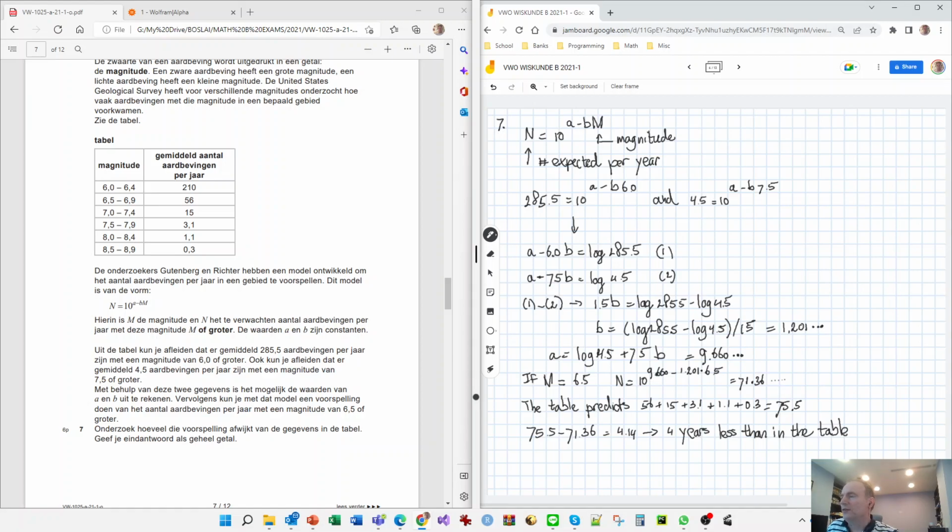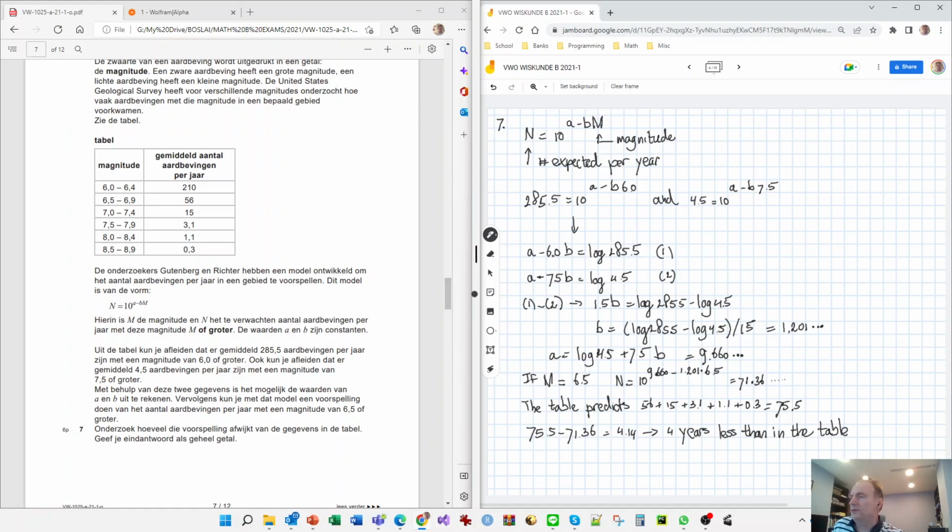Do that to get 75.5. If you want to be smart, since we already know for 6 or higher, it's 285.5, all this added should be just the difference between 285.5 and 210, which is the same.